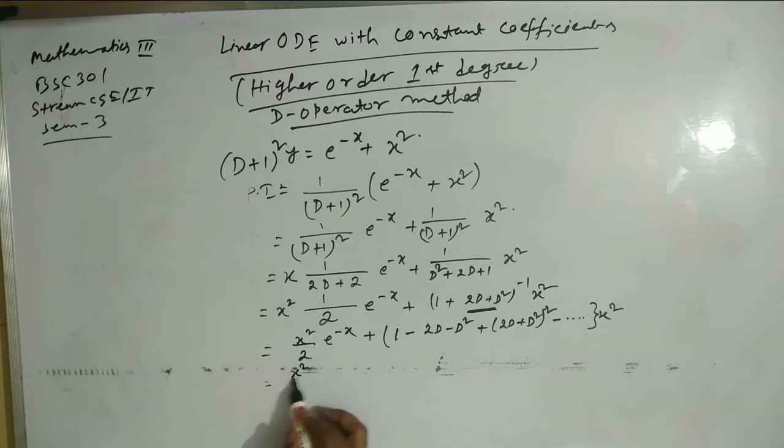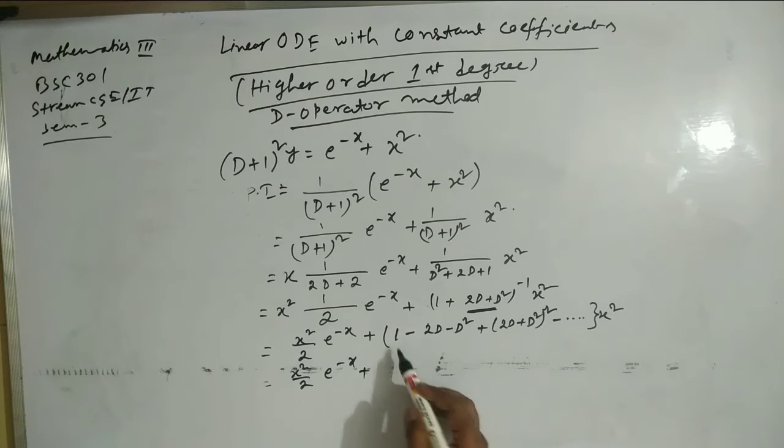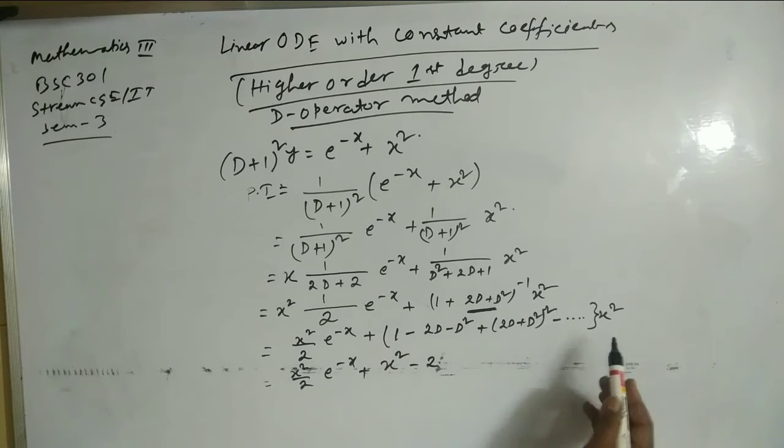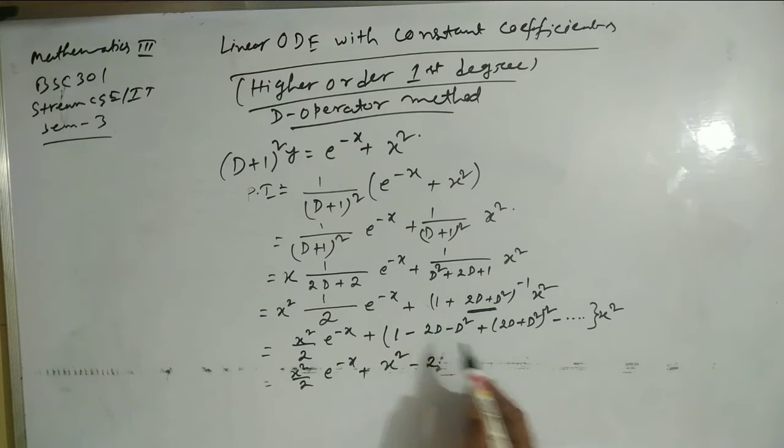So it will be x square by 2 e to the power minus x plus, now it will operate on x square. So 1 operating on x square means it is multiplied: x square minus 2 into D of x square, that is first order differentiation of x square, which is 2x.